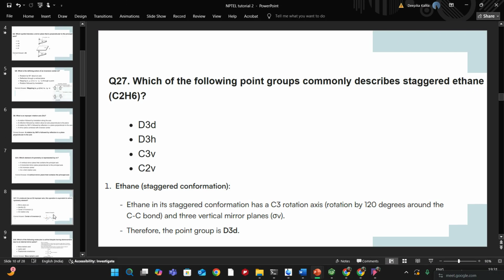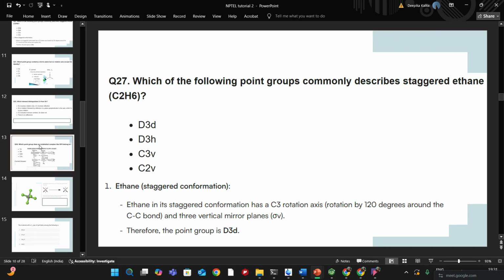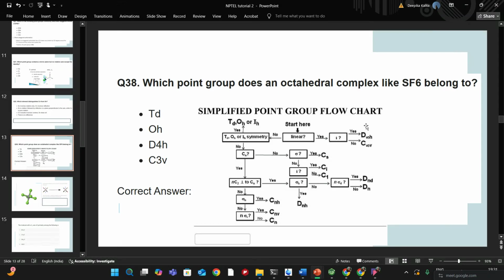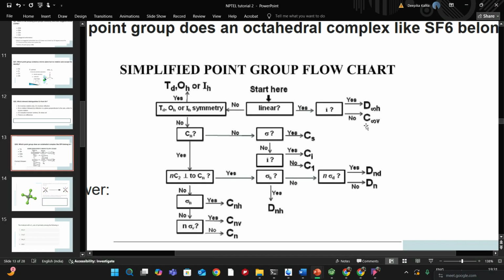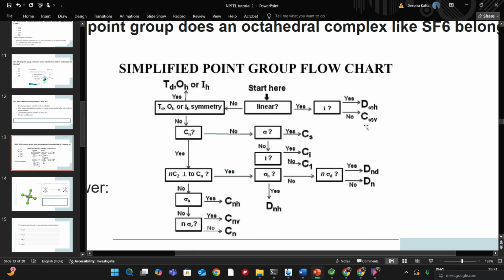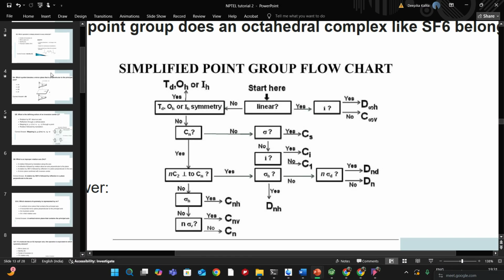Let us go back to the flow chart of symmetry. Here I have put the point group flow chart of symmetry. If you follow this flow chart, you will realize that the symmetry elements which are contained by staggered ethane will fall in this zone.